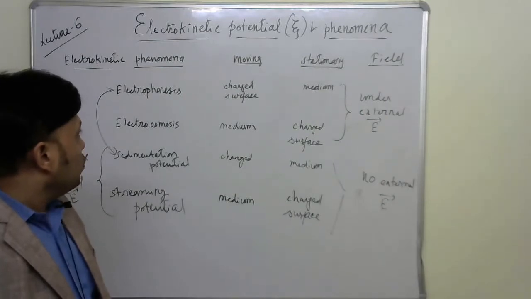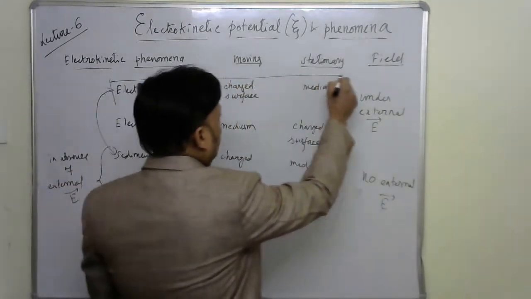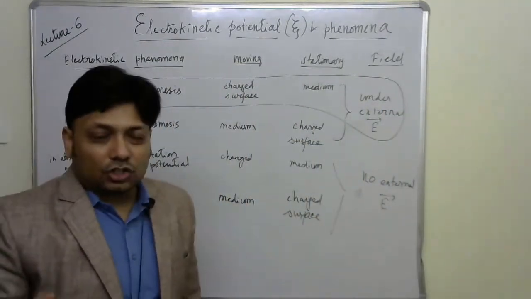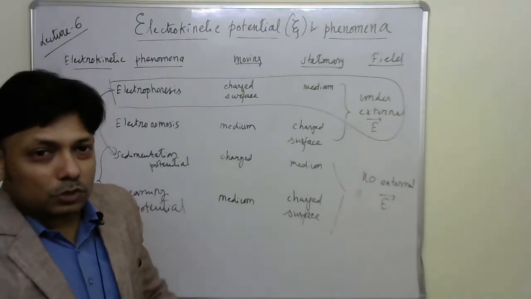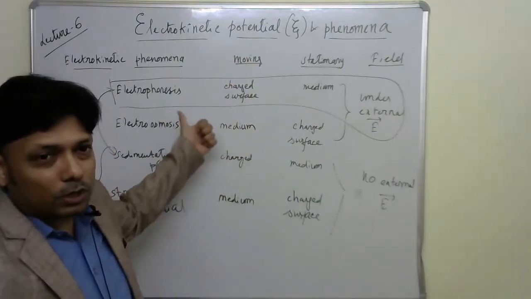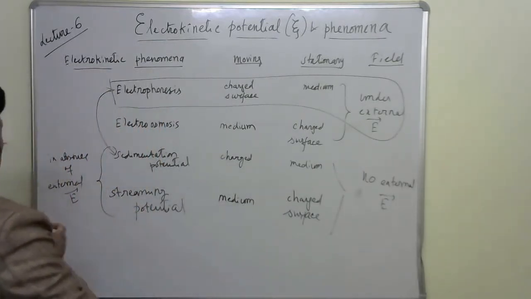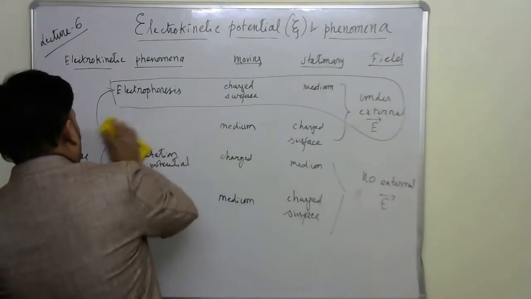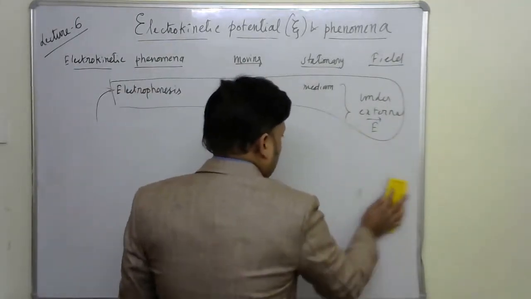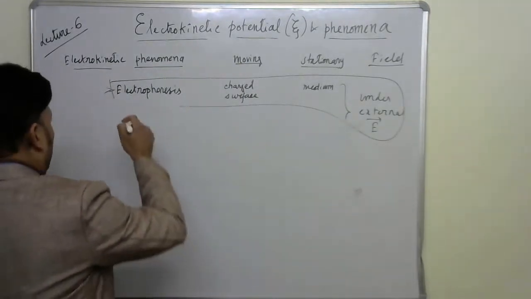So now let's move on to the phenomena where under an external electric field we get the charged surface moving with respect to a stationary electrolytic liquid medium. So that means we are talking about electrophoresis. Under the process of electrophoresis, there are three different phenomena.